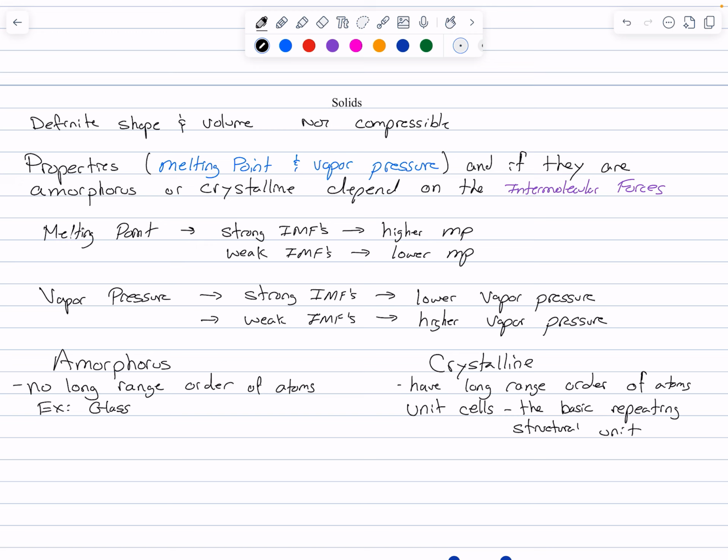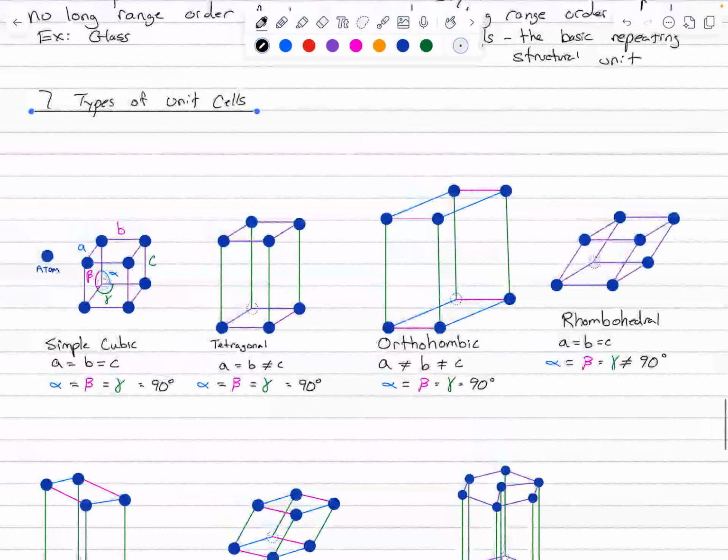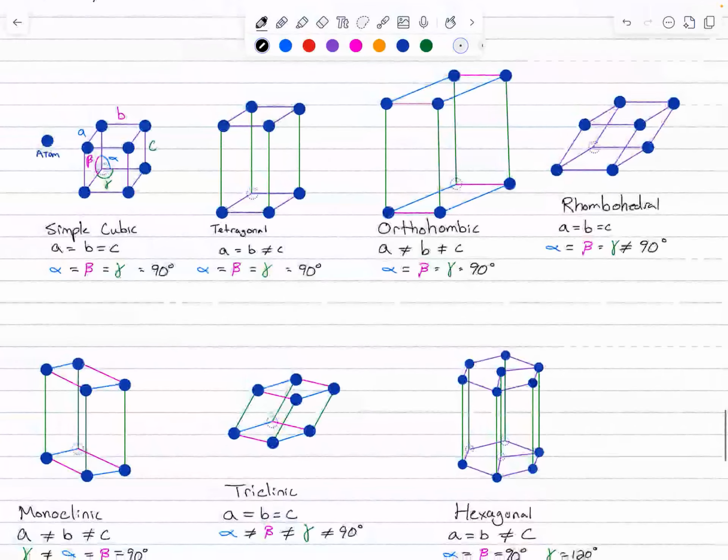Okay. Now there are 7 types of cells. Before we go into that, we'll do the 7 cells first, and then we'll talk about how we get them.